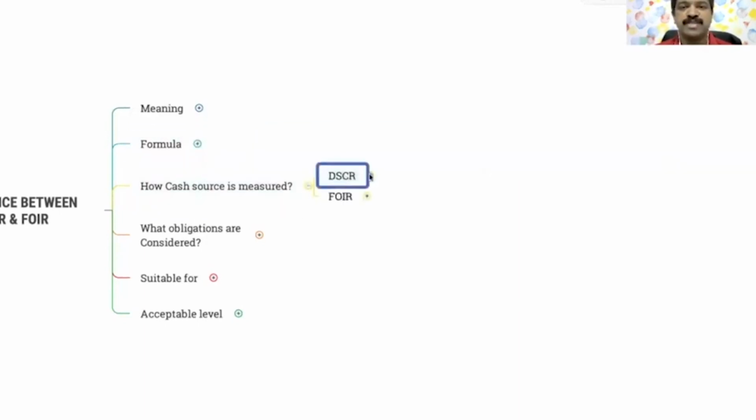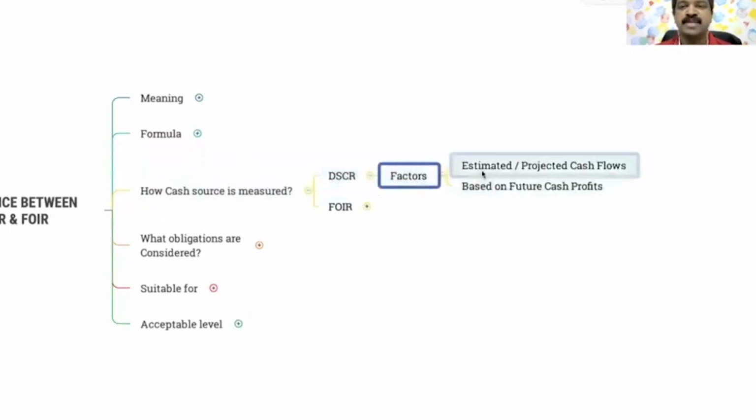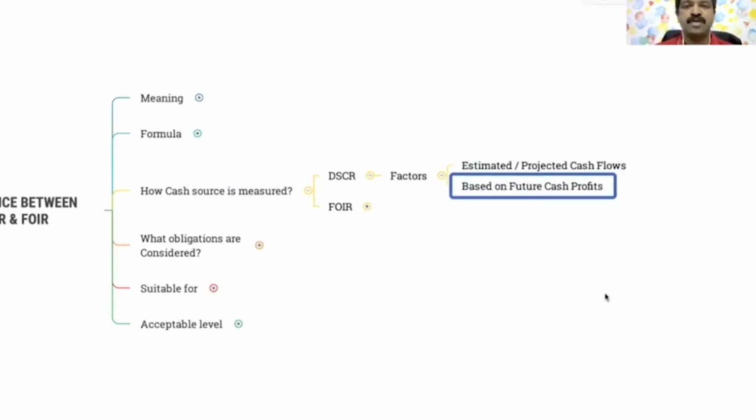If you take DSCR, it factors estimated projected cash flows, which can be based on future cash profits, and this future cash profit can be estimated to increase. Let's say, for example, a customer approaching a bank for a term loan to start a business. It means this business will acquire assets. Using that asset, they will produce product, then they will make sale, then out of that they will make profit, and using that profit they will service the loan.